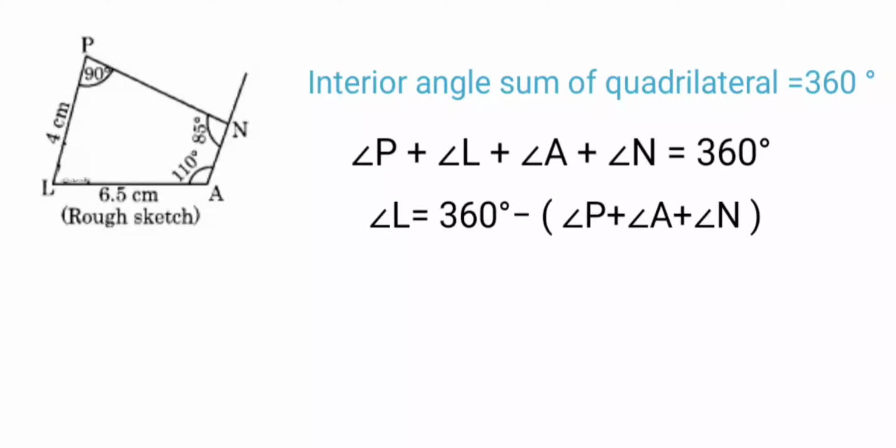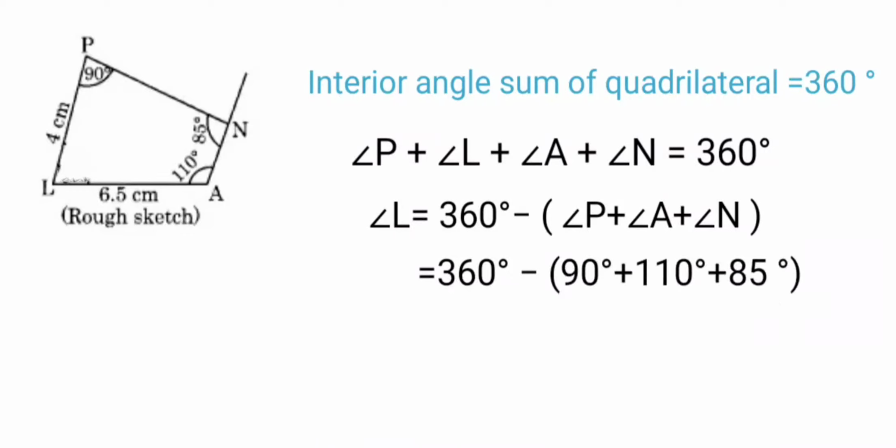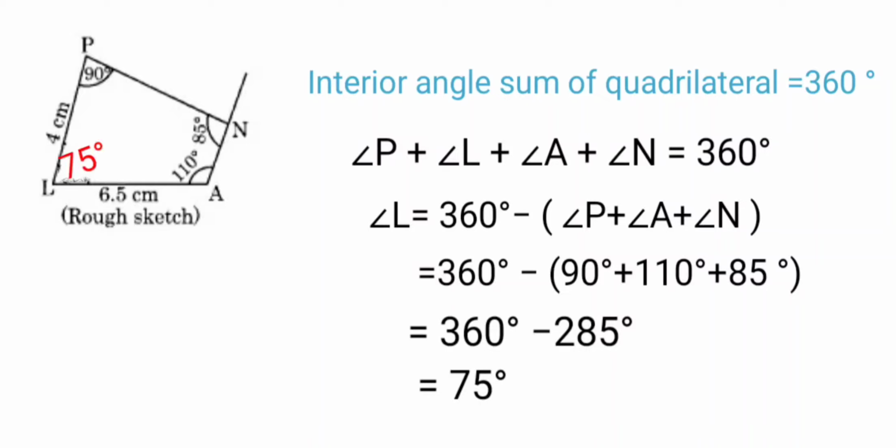Then L equals 360 minus the sum of the other three angles. So 360 minus (90 plus 110 plus 85), that is 360 minus 285, is equal to 75. So the measure of angle L is 75 degrees.